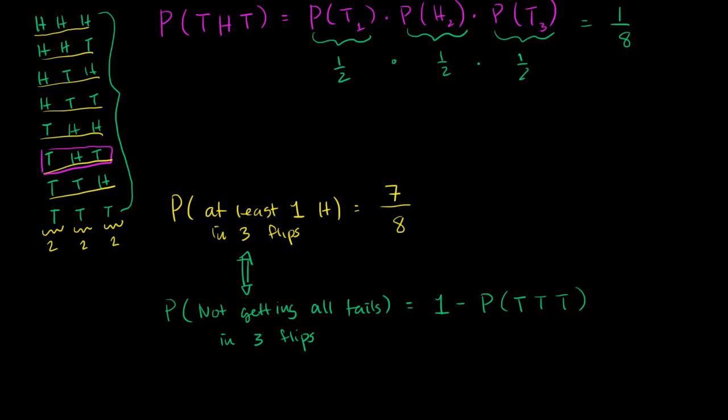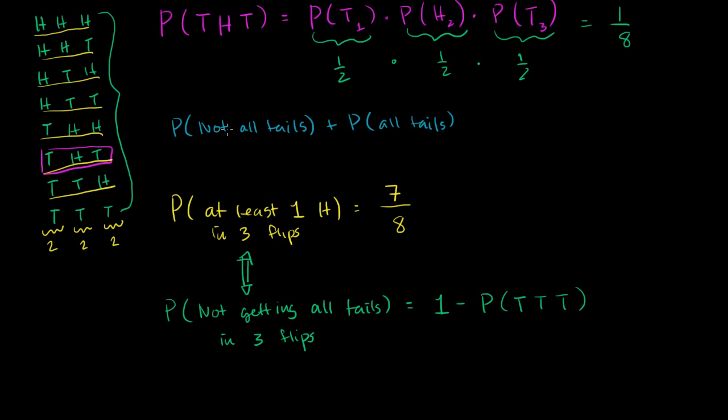Let me write it this way. The probability, let me write it in a new color, just so you see where this is coming from. The probability of not all tails, plus the probability of all tails, well, this is essentially exhaustive. This is all of the possible circumstances.